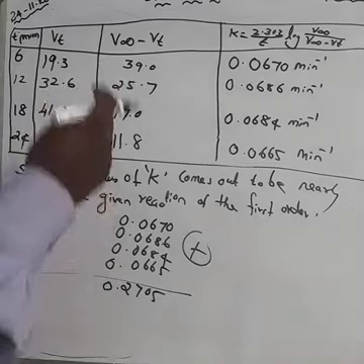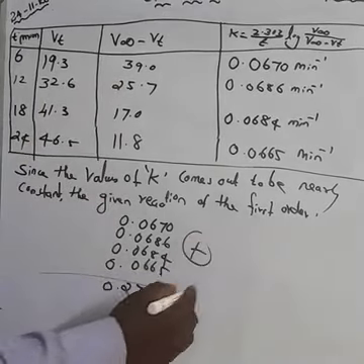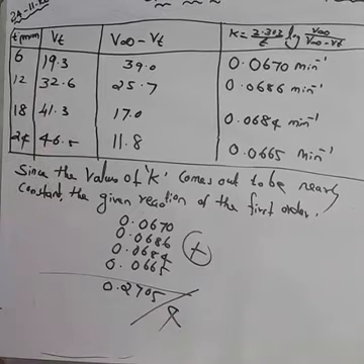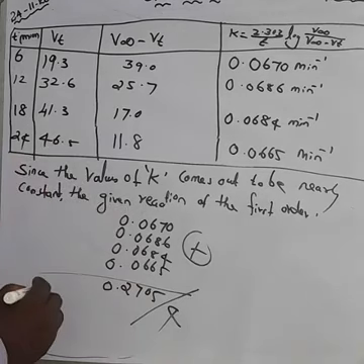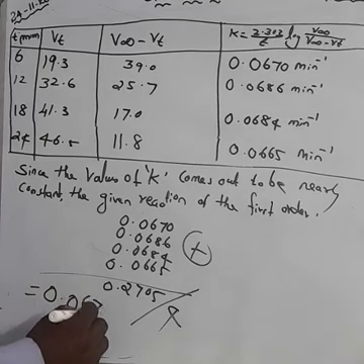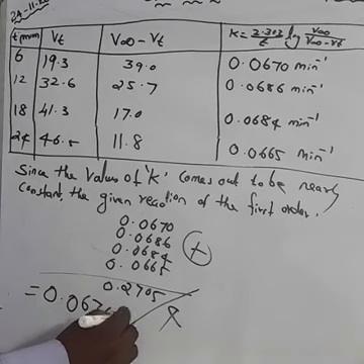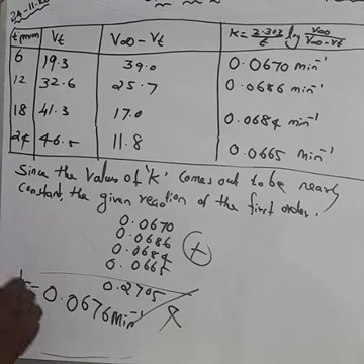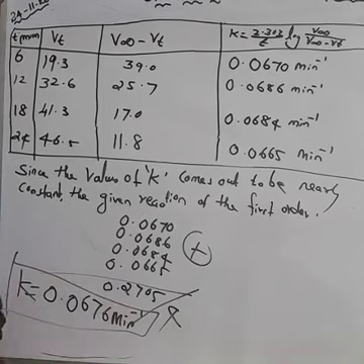Again we have to divide this value by 4, because we have 4 k values: for time 6 minutes, next 6 minutes, next 6 minutes, and again the next. So it should be divided by 4. The value is approximately 0.0676 minutes inverse. This is the value of k.